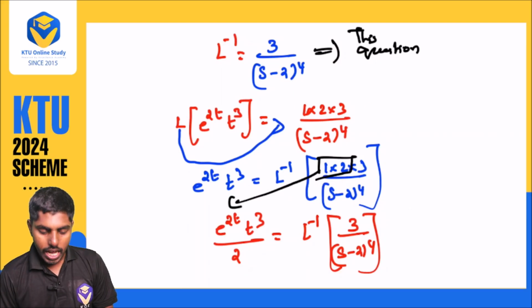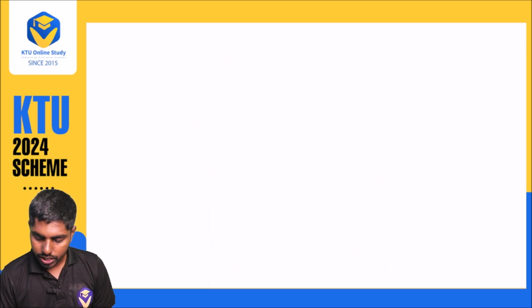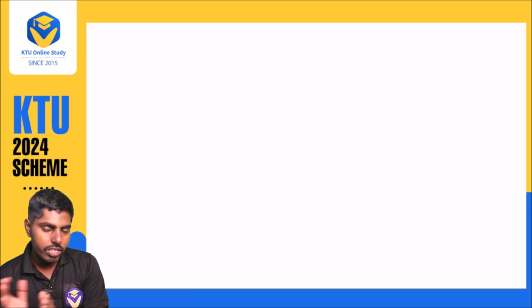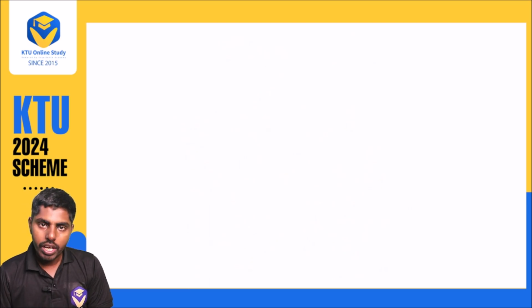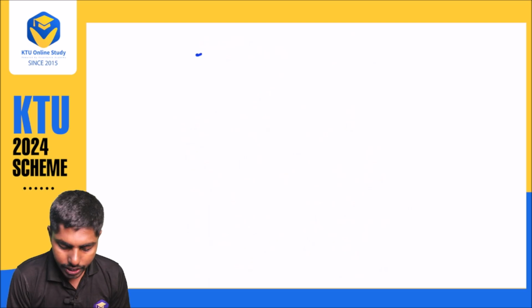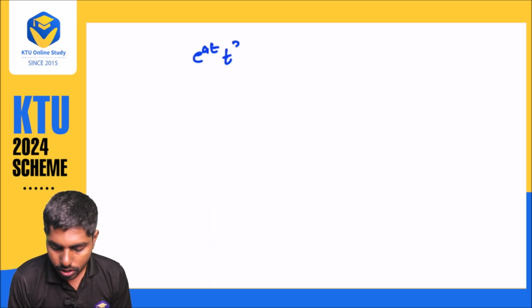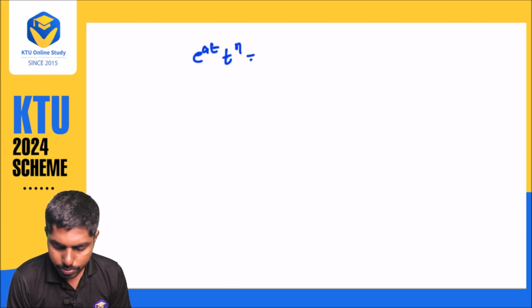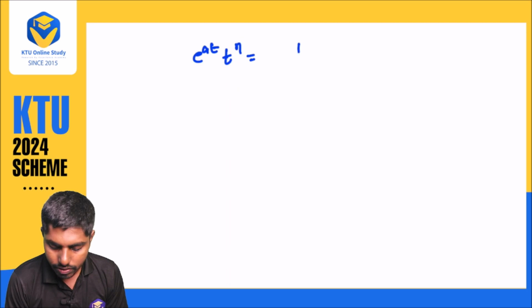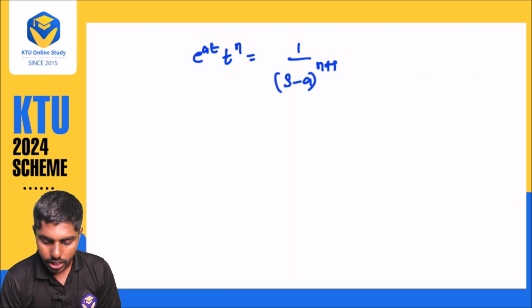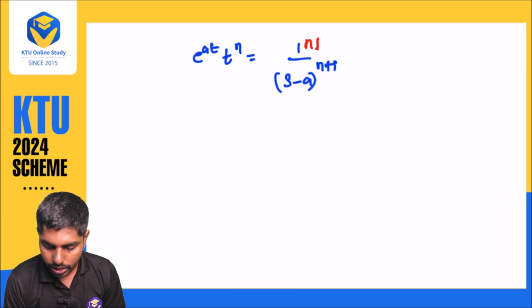I have told you it is very simple to understand if you know the formula of Laplace transform and its inverse. Just learn one thing, and it is very easy if you reverse it. If they ask for e to the power at t to the power n, it is easy to identify: they will give (x minus a) to the power n plus 1, and the n factorial will be there.